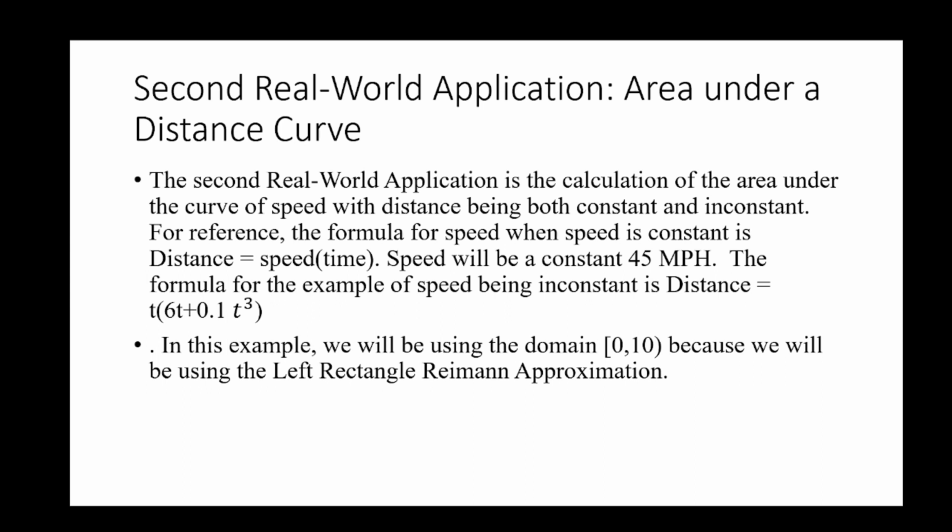So for the constant that we'll be comparing it to, we'll be using speed at 45 miles an hour. And as a non-constant, we'll be using 6t plus 0.1t cubed as our speed, and then t being time. So this is going to end up being 6t squared plus 0.1t to the fourth degree. In this example, we'll use left rectangle approximation, so we'll be excluding 10, but the domain is 0 to 10.